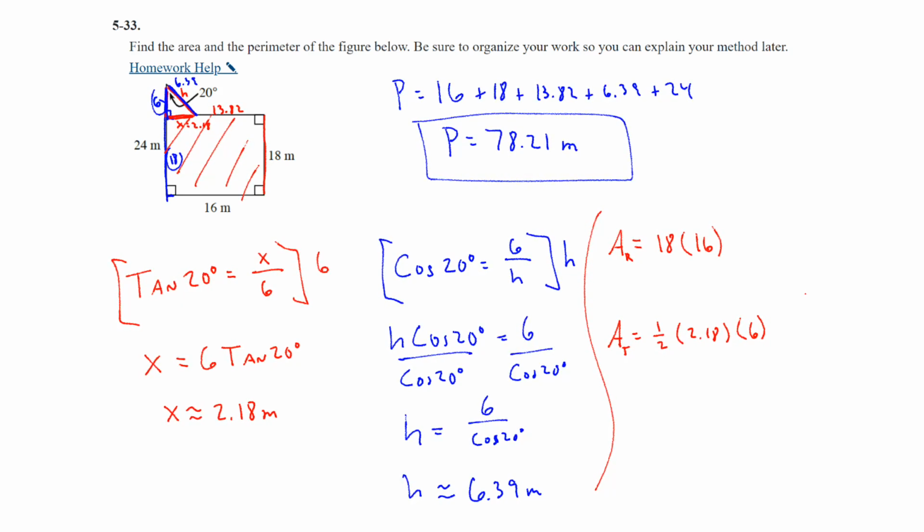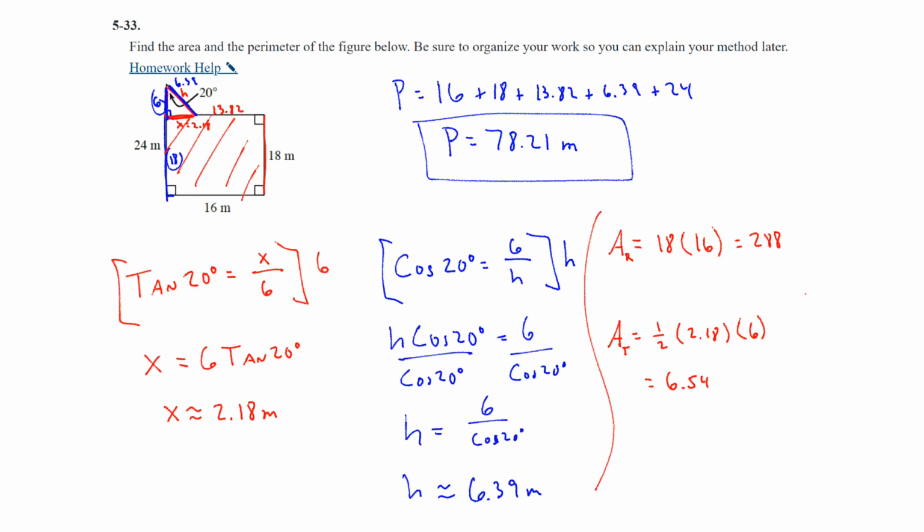So 18 times 16 is 288. That's for the rectangle. For the triangle, it's going to be approximately, because we had to find the side of 2.18 approximately. So let's see what we get there. So I got 6.54. And then if we add that to the 288, we should get 294.54.